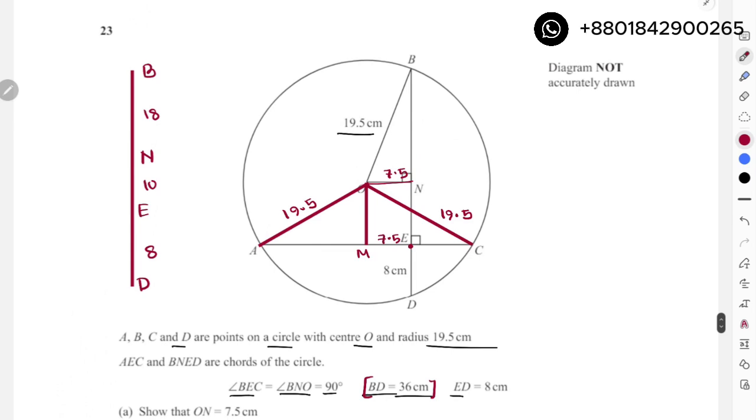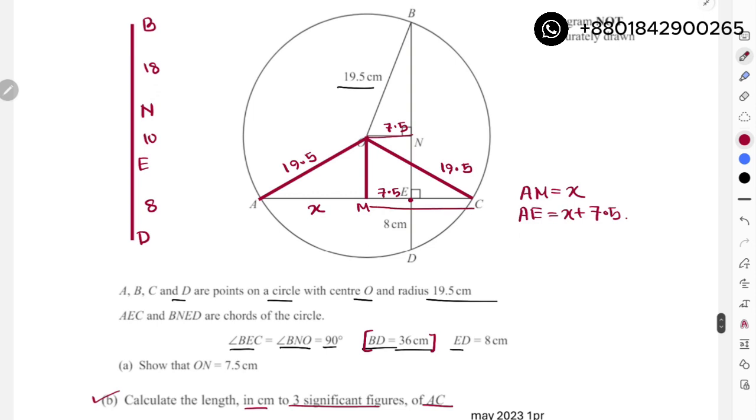Now again over here, what is it? AM, if I consider AM as half of AC, which is X, right? And MC is again X in that case. So I can say that AM is X. So if I want to express AE in terms of this X, what do we get? AE is actually X and that extra 7.5. So you get AE as X plus 7.5.